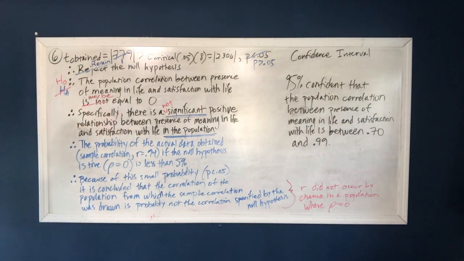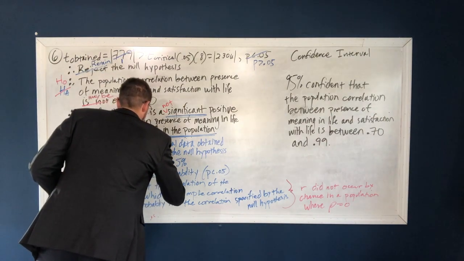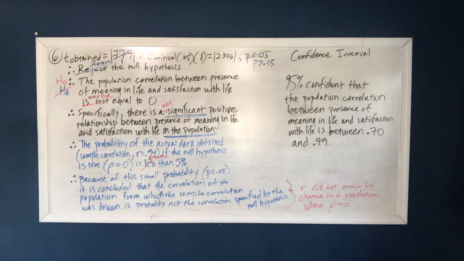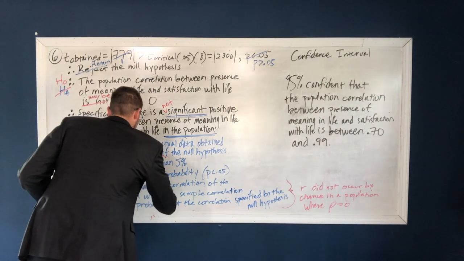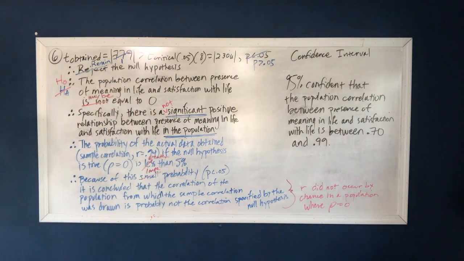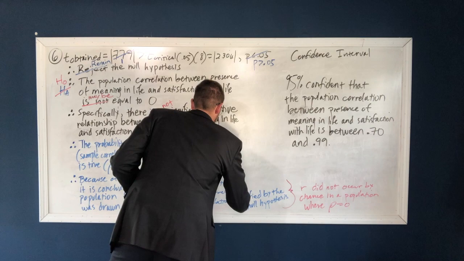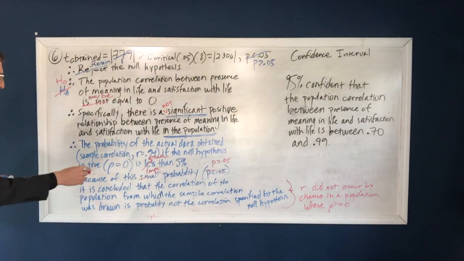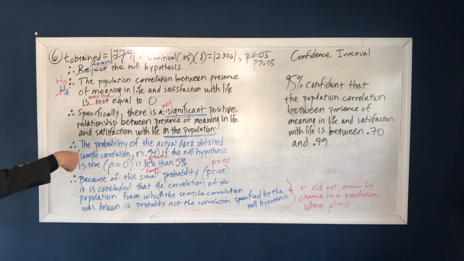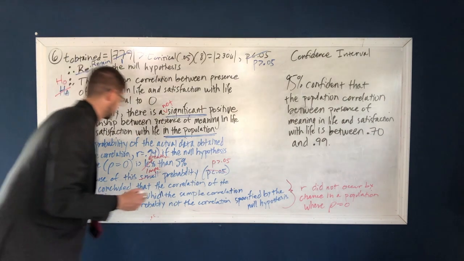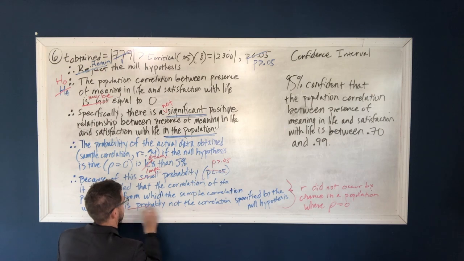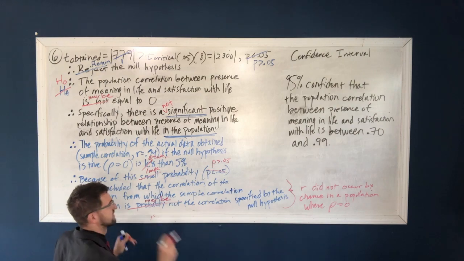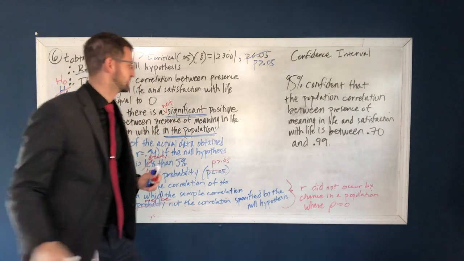The probability of the actual data obtained if the null hypothesis is true is greater than 5%. Because of this large probability, okay, p is greater than 0.05, it is concluded that the correlation of the population from which the sample correlation was drawn may be the correlation specified by the null hypothesis, which is 0.